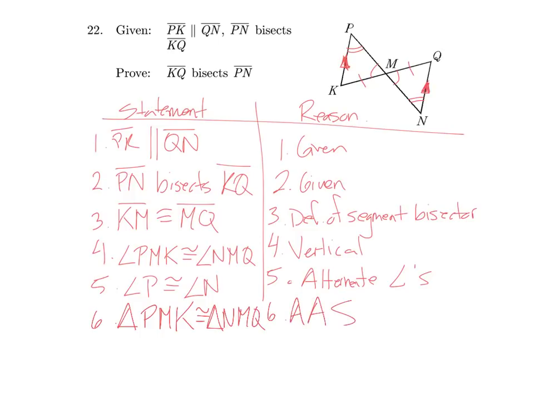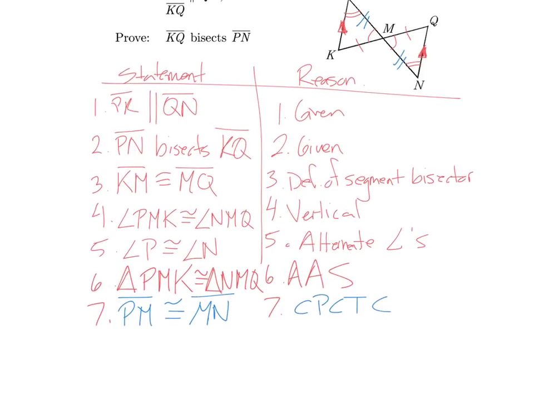Now I can say that these sides here are congruent. PM is congruent to MN, and that's by CPCTC. Corresponding parts of congruent triangles are congruent.